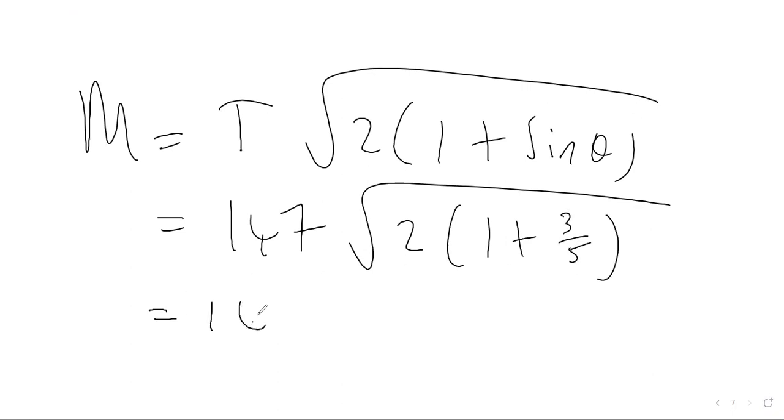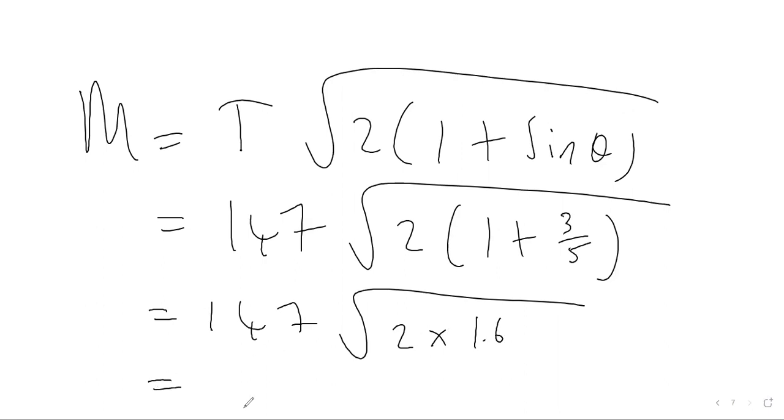So 1 plus 3/5 is 1.6, so 2 times 1.6. Plug that into your calculator, square root that answer, times by 147. We get the same thing we got before, 262.96 newtons to 2 decimal places.